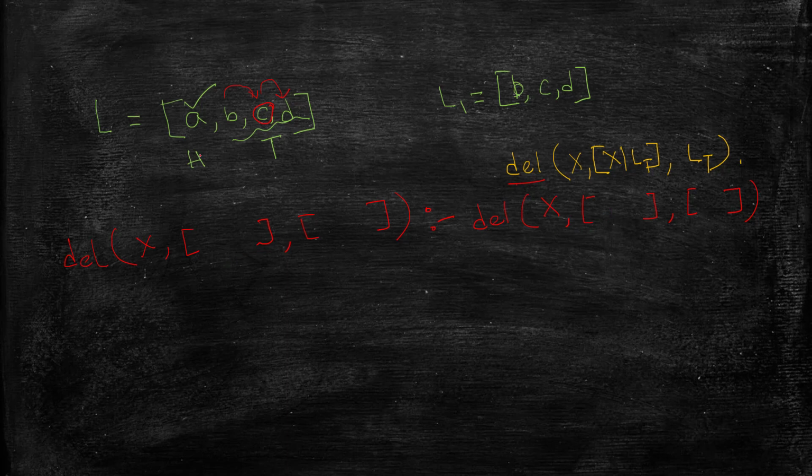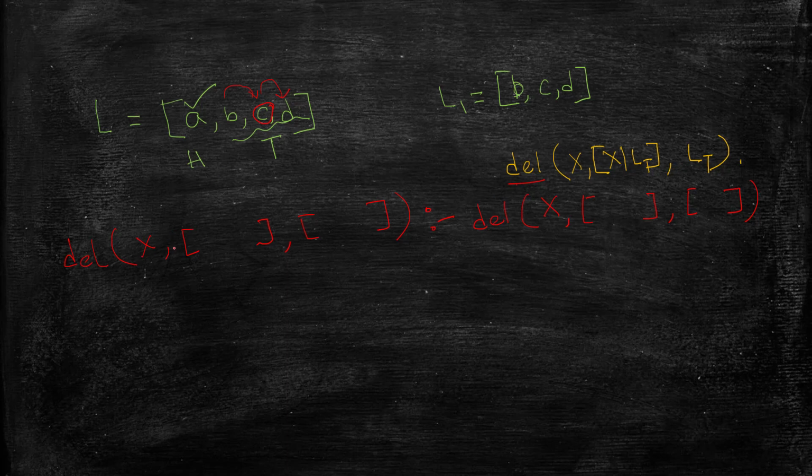So let's say I have the similar L over here, and I want to delete the C here, which belongs to the tail of the list L. So instead of X, because I already have a fact like this, if X is the head of the list, I already know how to delete that one.